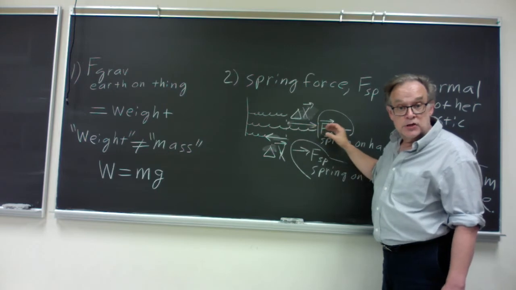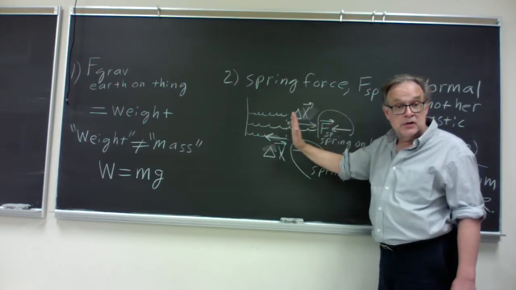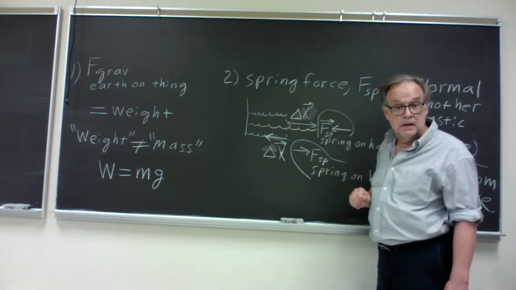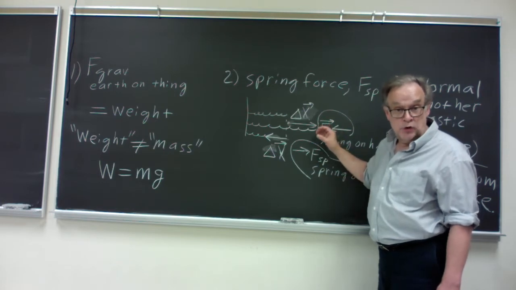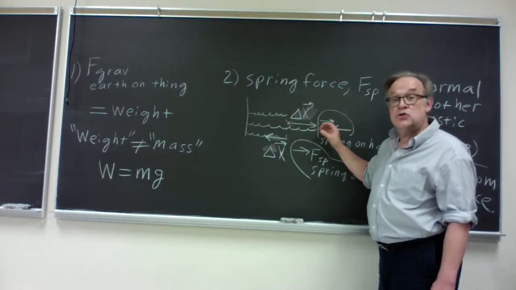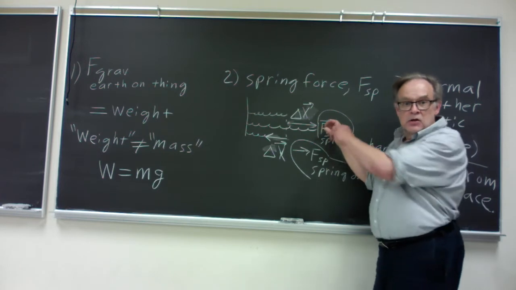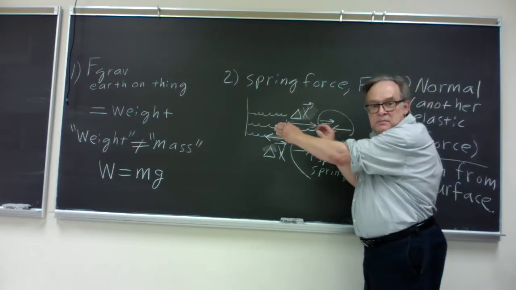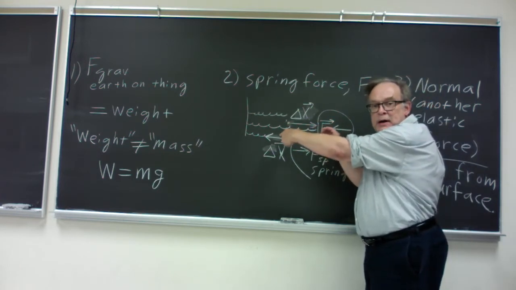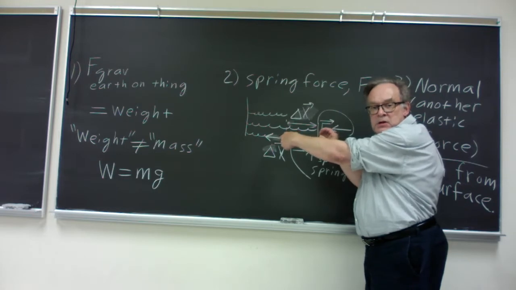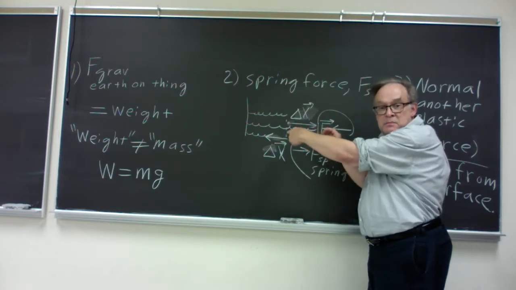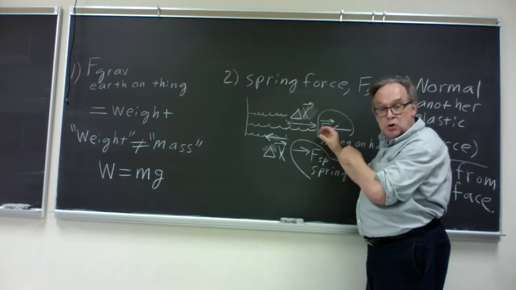And since the spring is stretched, it'll try to snap back to its original shorter length. But it can't snap back because I'm holding it. But it's trying to snap back. This end of the spring is trying to move back to where it was, and because it's trying to snap back to where it was, it's pulling on me.